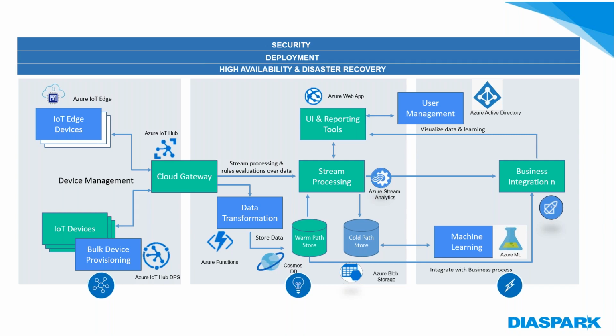The Azure Function is capable of storing the data or forwarding it to another service. You can store it in warm path storage like Cosmos DB, or cold path storage as Azure Blob. Then on the data stored in Azure Blob, you can use machine learning to generate some information or prediction. So next slide, please.